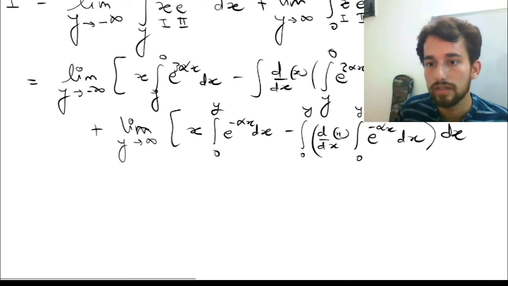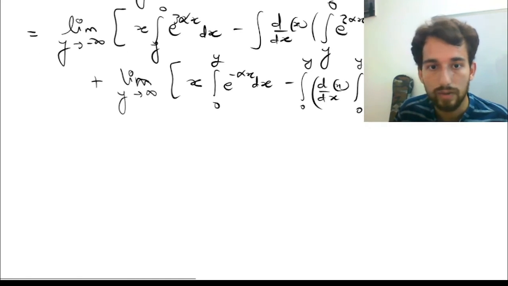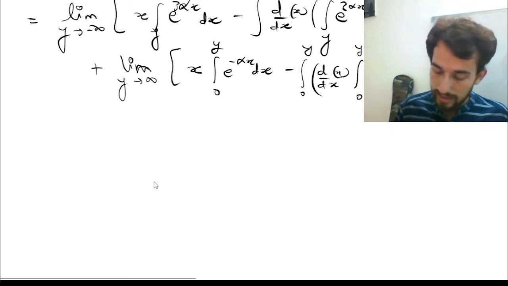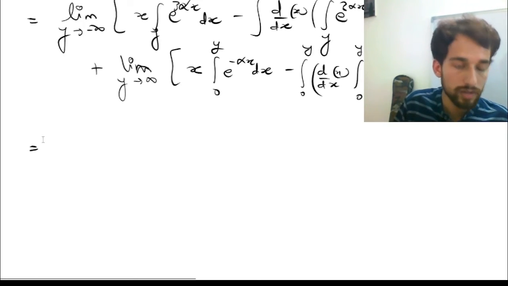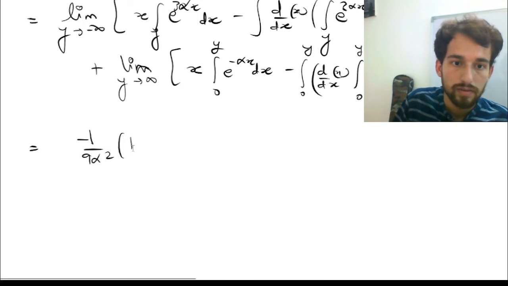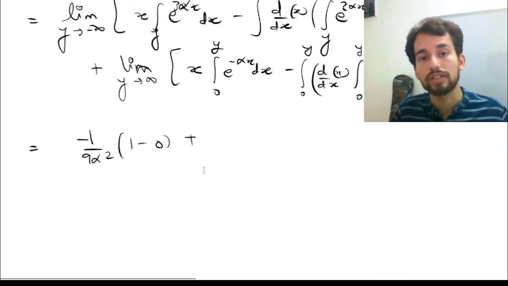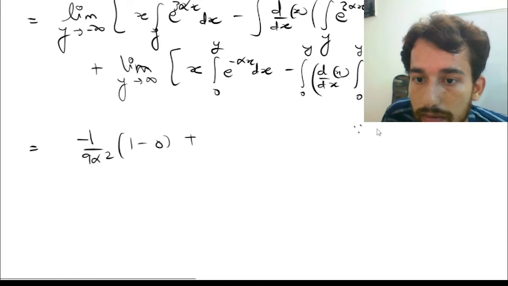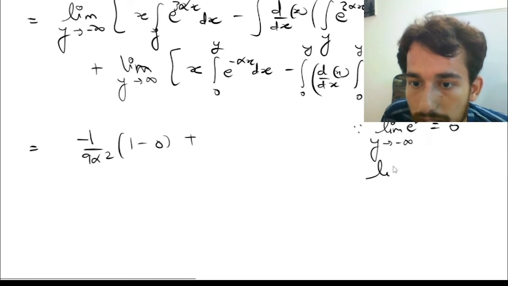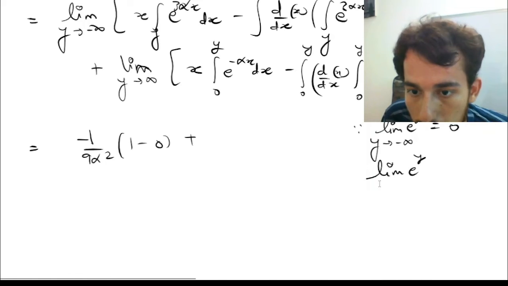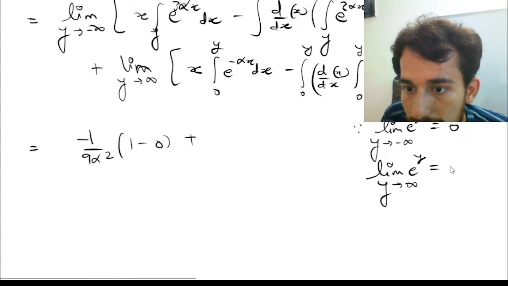Now I'm skipping some intermediate calculation and moving directly. If you solve this, at the end you are going to get an expression something like this. While you substitute the limit, use the fact that the exponential function, limit of e to the power y when y tends to minus infinity is 0, and limit of e to the power y when y tends toward infinity is infinity.